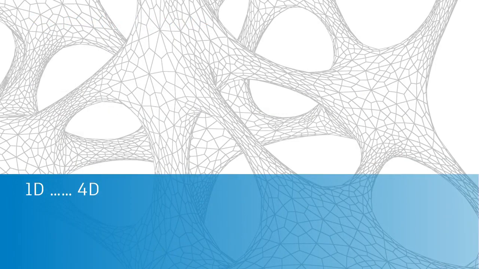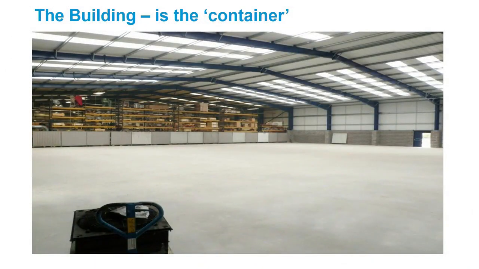So I will present in hopefully 15 minutes the so-called 1D to 4D journey. Okay, so when we plan a production line, an assembly line, in general, the problem is the space.